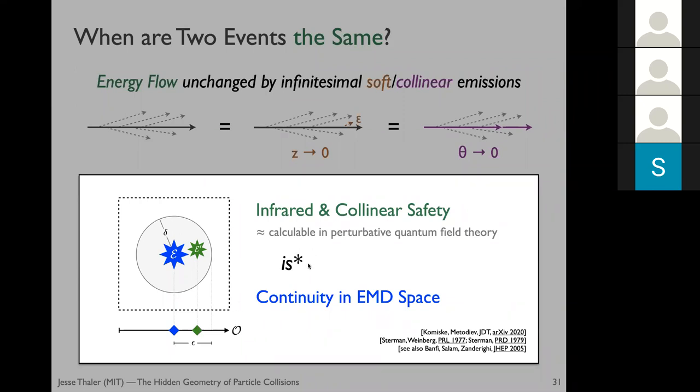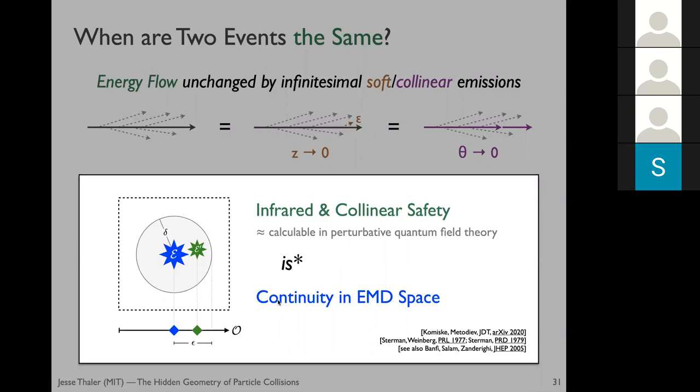And this asterisk corresponds to different notions of continuity, which map onto different things that have been said in the literature about what is or is not calculable in perturbative quantum field theory. If you want a term to look up, things that are calculable perturbatively in the ordinary sense satisfy a type of continuity called Hölder continuity in this EMD space.